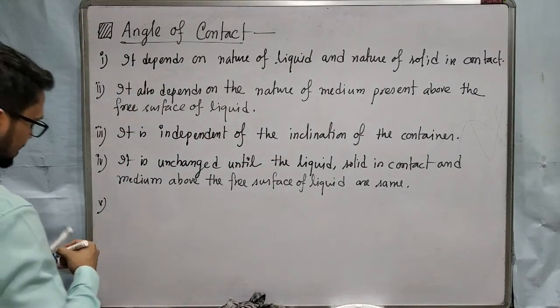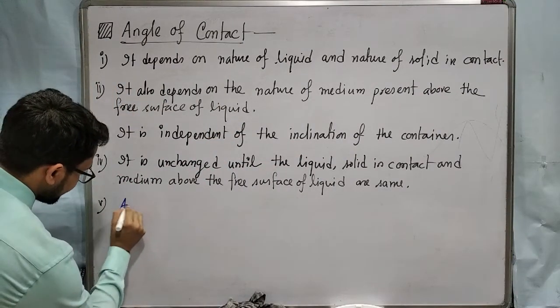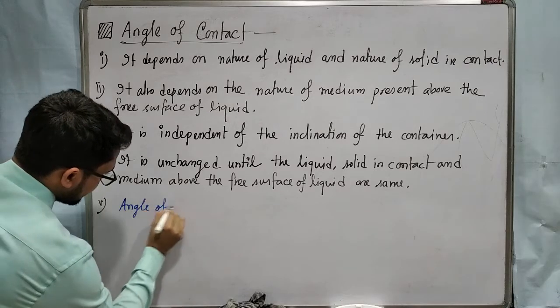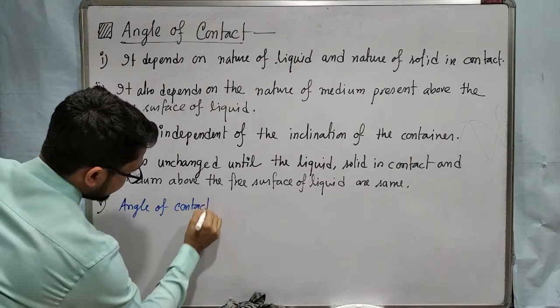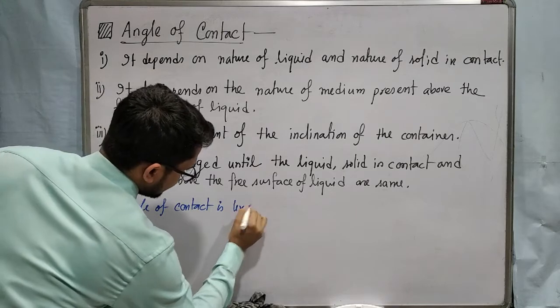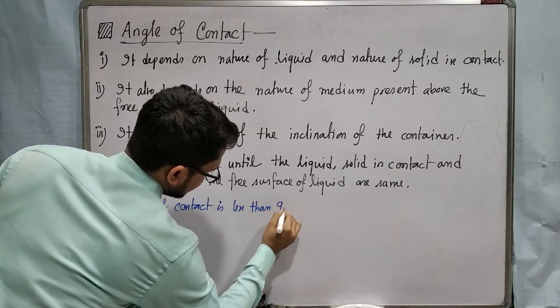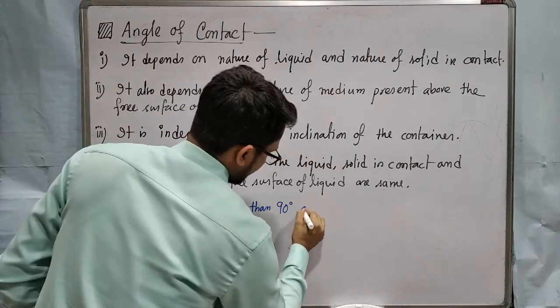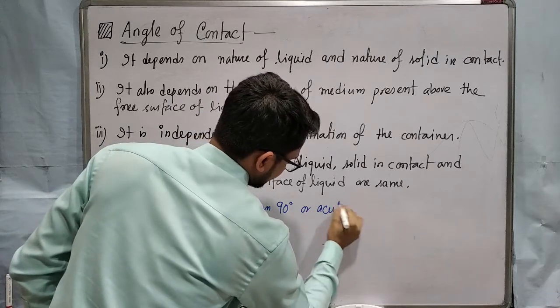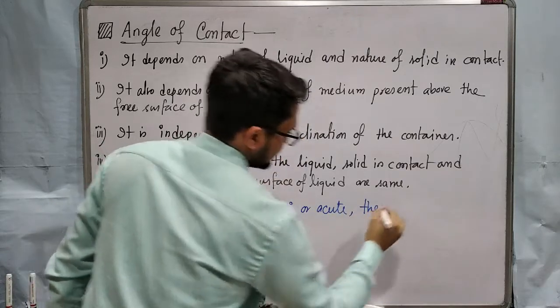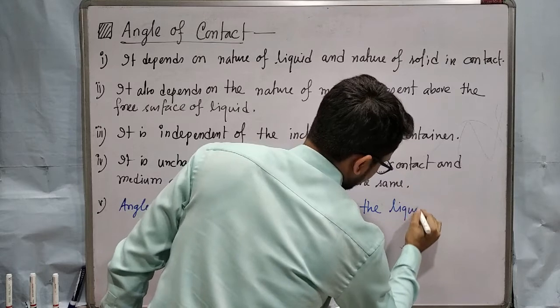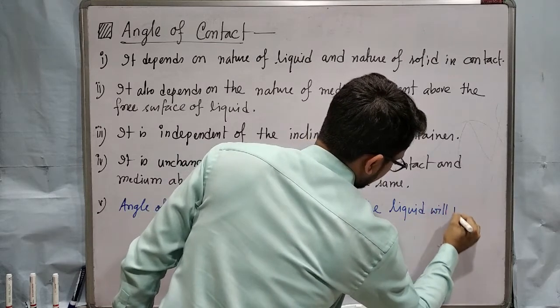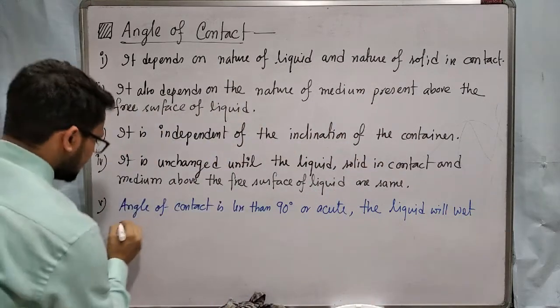So when the angle of contact is less than 90 degrees or acute, the liquid will wet the container.